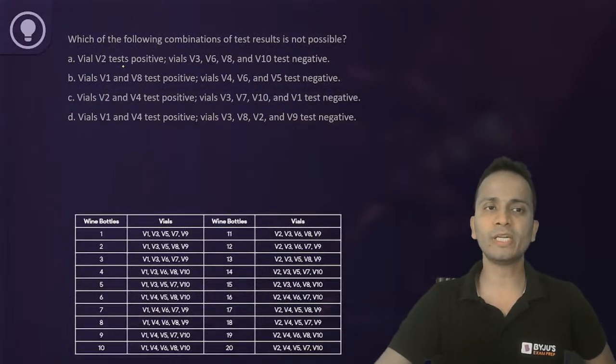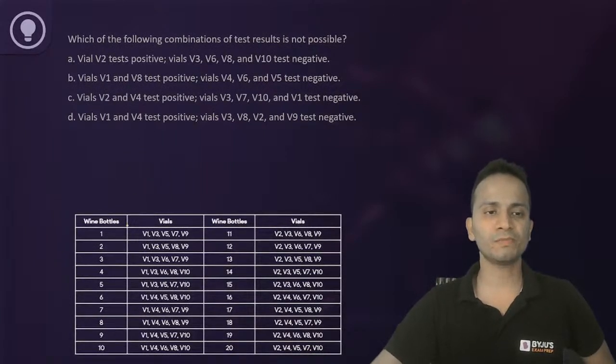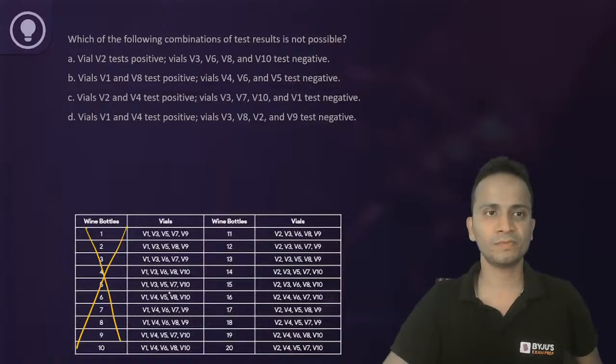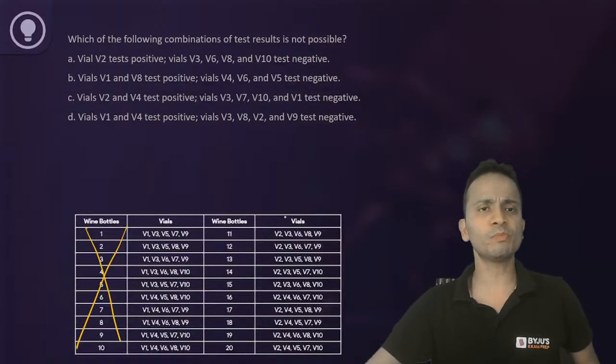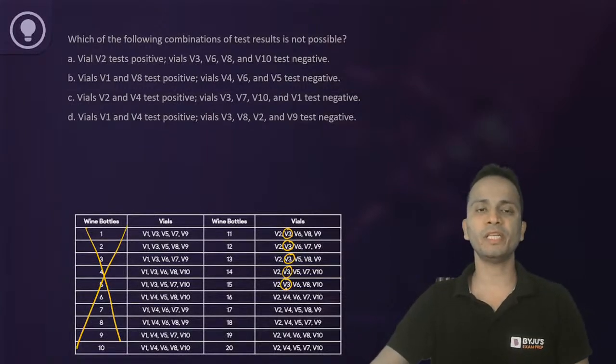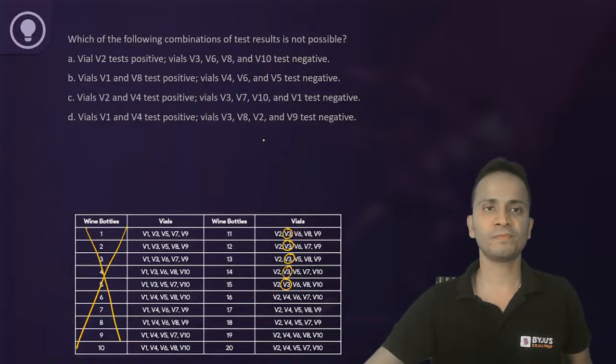So while 2 test positive, that means the poison is not there in any of these 10 bottles. Okay. Now, while 2 is positive, then while 3, 6, 8, and 10 are negative. 3 is negative, so poison cannot be there in 11 and 12 and 13 and 14 and 15. So poison cannot be there in any of these 5.